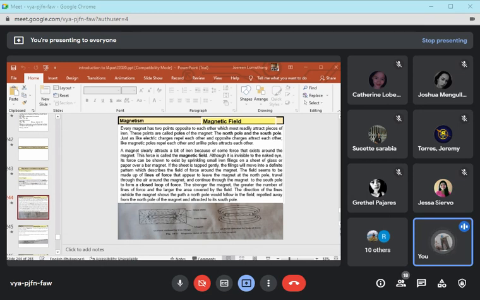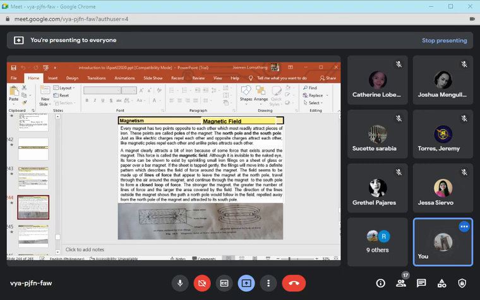Just as like electric charges repel each other, and unlike or opposite charges attract each other.